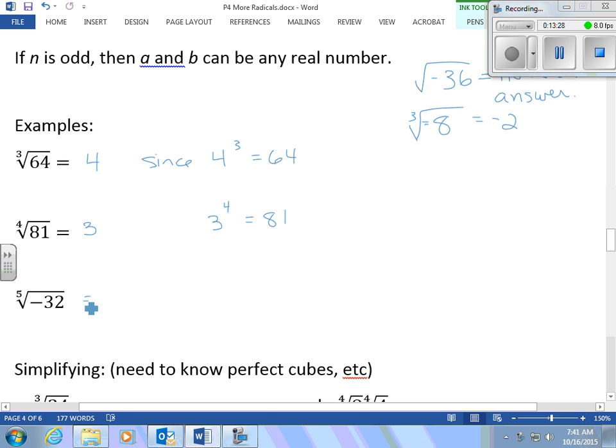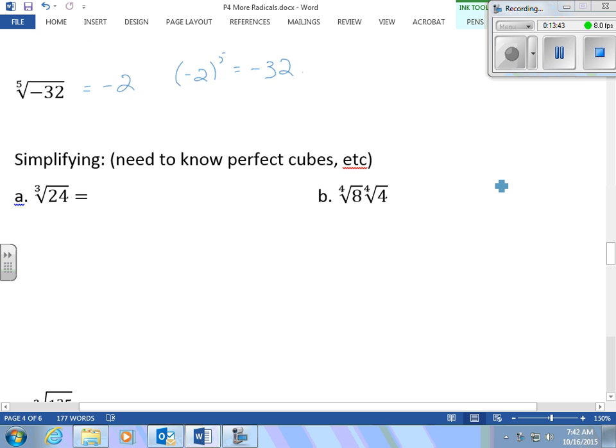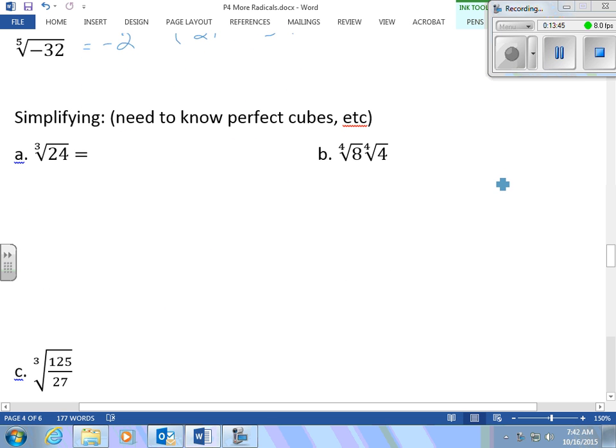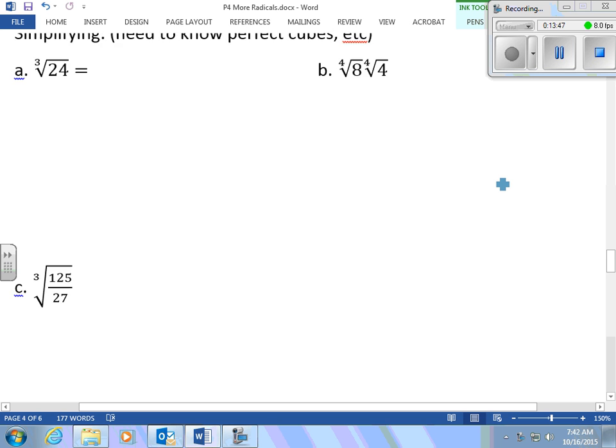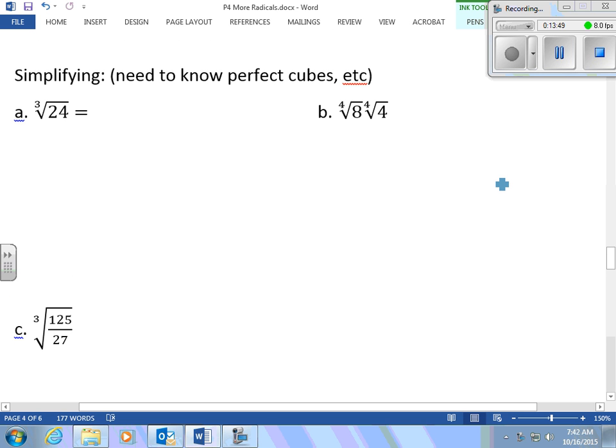And the fifth root of negative 32 is negative 2, because if I did negative 2 to the power of 5, I would have negative 32. Okay, so to do the simplifying, you really need to master the perfect squares, cubes, fourths, and fifths, at least to a certain level. Those will be required in order to do these smoothly.